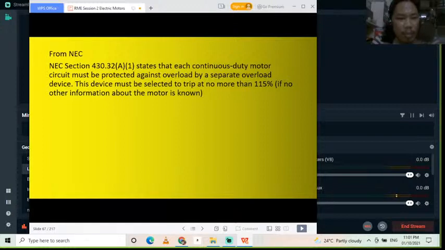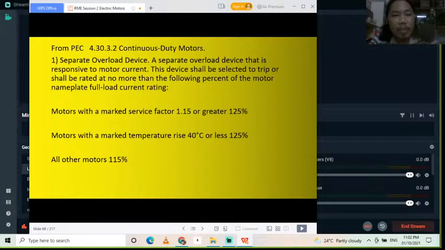If no other information about the motor is known. Yun. So, from National Electrical Code yan. From Philippine Electrical Code naman, nandyan po yan. A separate overload device that is responsive to motor current. This device shall be selected to trip or shall be rated at no more than the following, 115%.